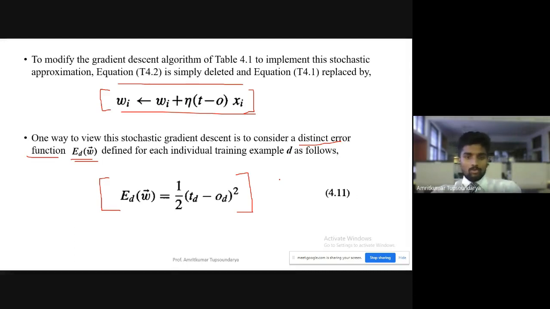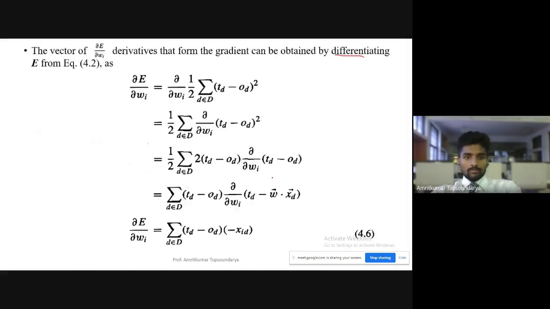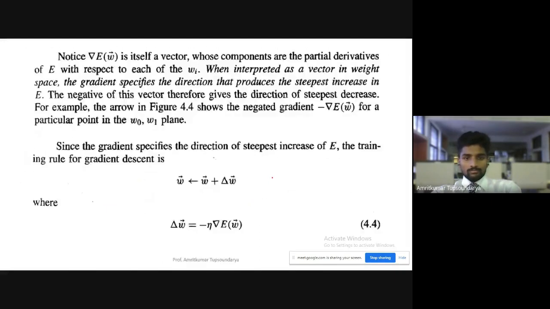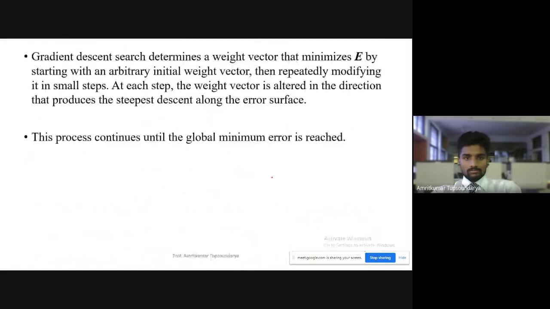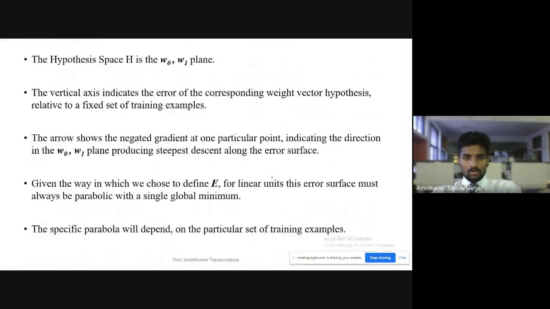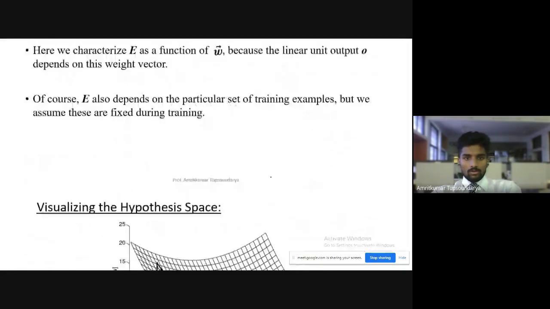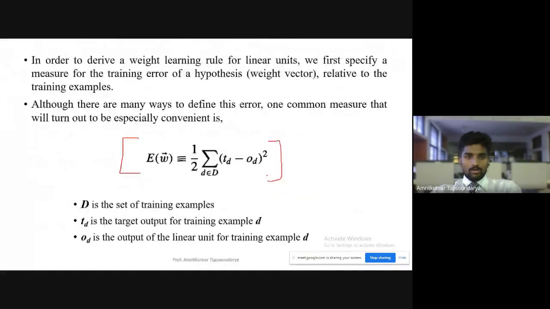Let me go back and show you the formula. Yeah. So here, as you can see, in the error function we made use of the sigmoid function, wherein we consider all the training examples.